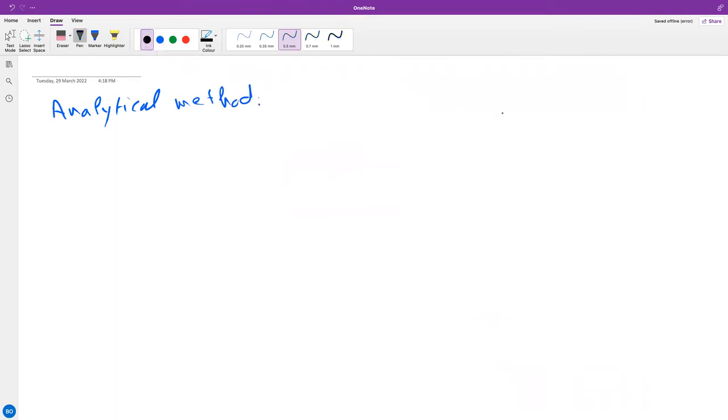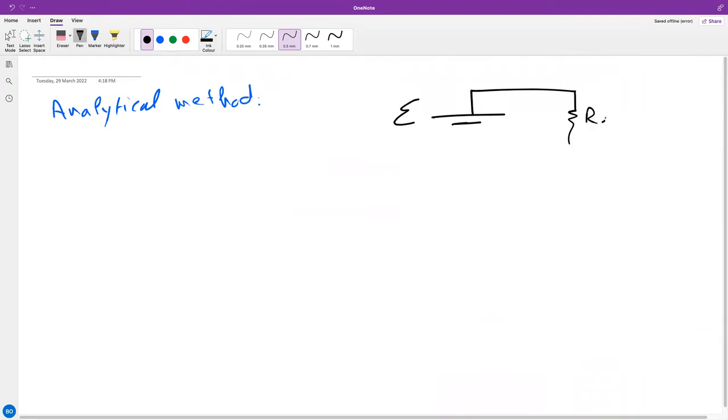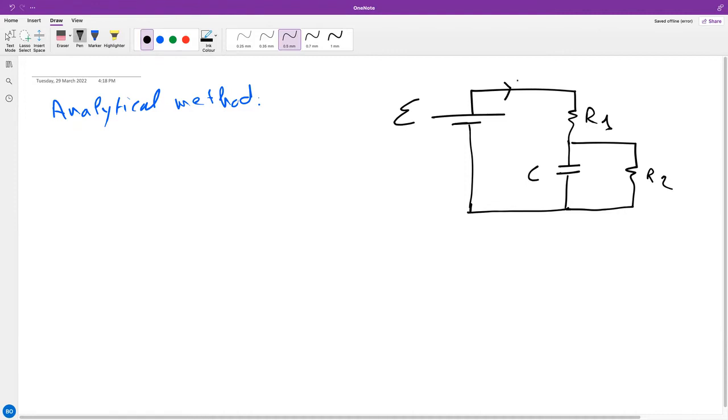This is the EMF, this is a resistor R1, and this is capacitor C. This is resistor R2, and then the circuit is closed. Then I will use the currents: this is I, this is I2, and this one I will call IC.